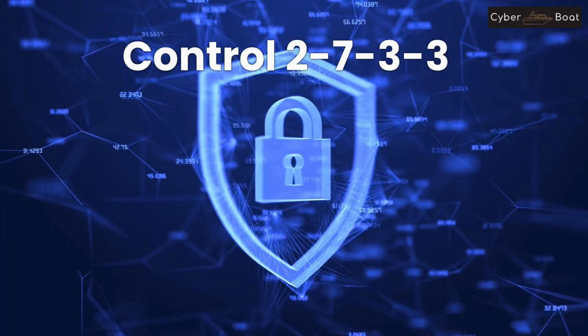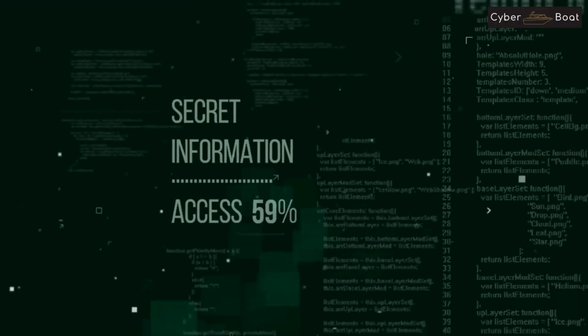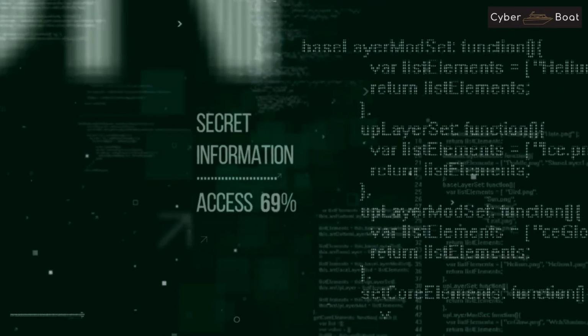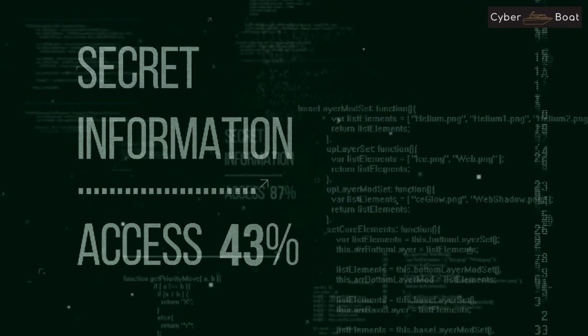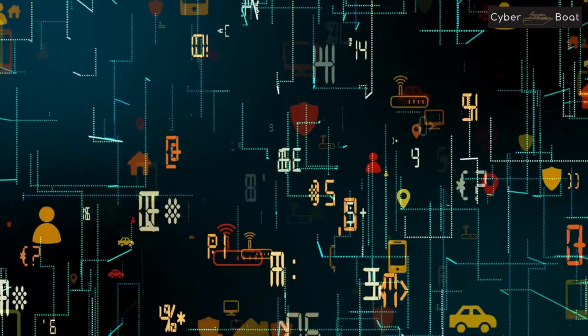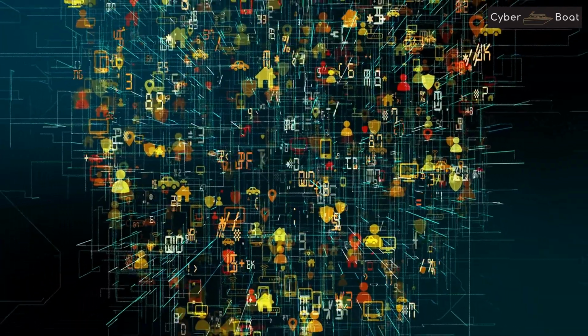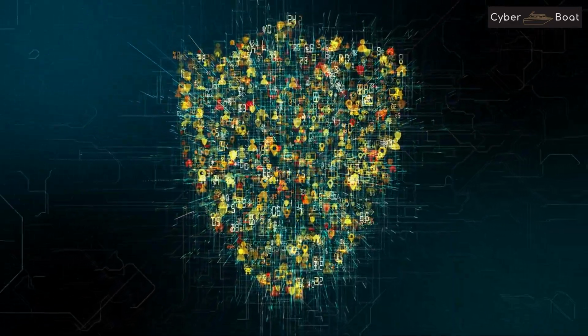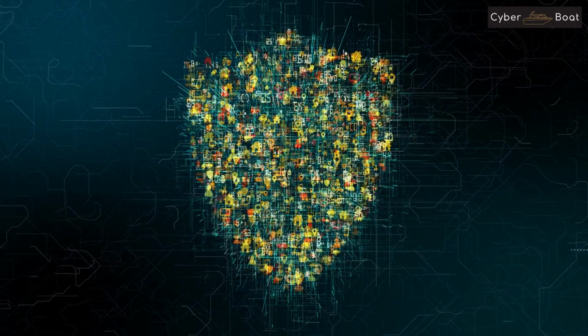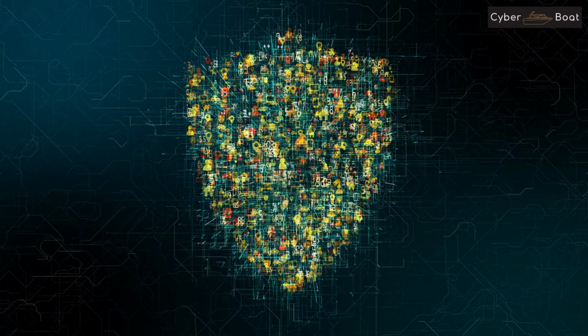Control 2.7.3.3. Data and information privacy refers to protecting personal data and information from unauthorized access, alteration, or disclosure. This can include implementing controls such as encryption and access controls, as well as complying with any relevant laws and regulations related to data privacy, such as the General Data Protection Regulation, GDPR.